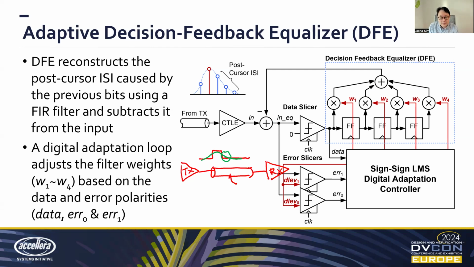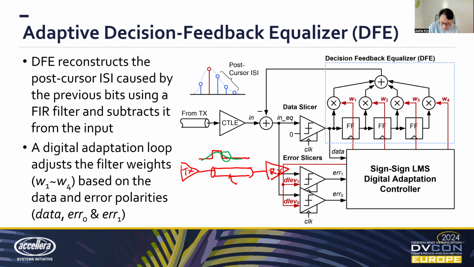Okay, so in wireline communication, people use multiple kinds of circuits called equalizers. They try to compensate for these frequency-dependent loss effects of the channel, or the ISI.